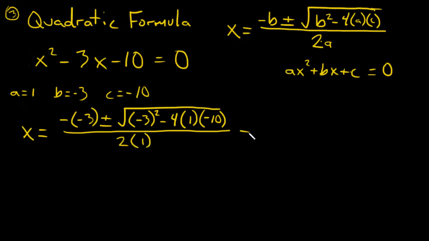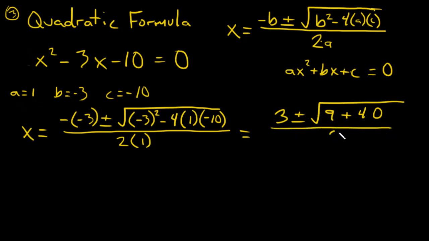Okay? So this is equal to 3 plus or minus the square root of negative 3 squared, which is 9. Negative 4 times 1 is negative 4, times negative 10 is positive 40. So plus 40, over 2. Okay?